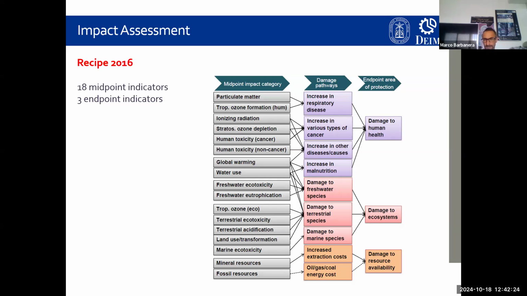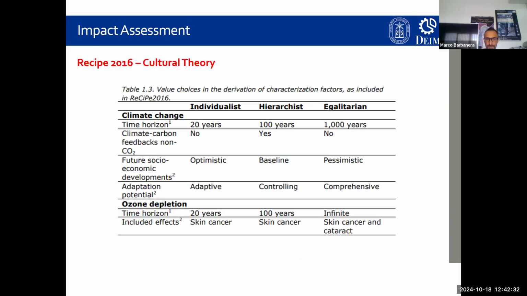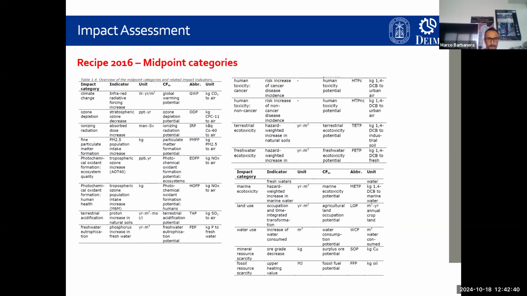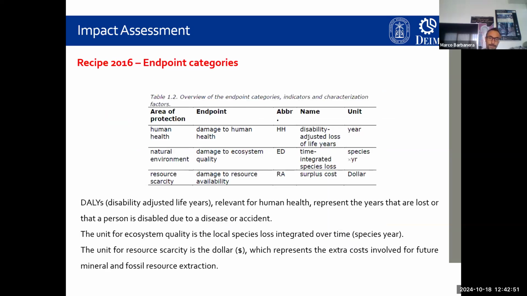The same: human health, ecosystem, resource depletion. So it is not important now to see in detail the ReCiPe method, but here you can see the different units for the midpoint categories, and also the units used for each endpoint impact category.